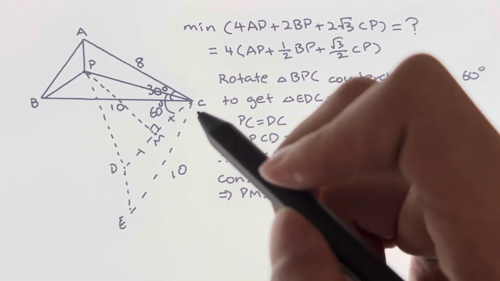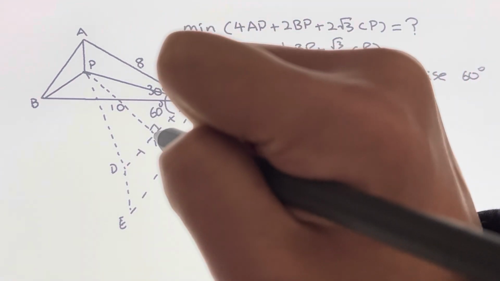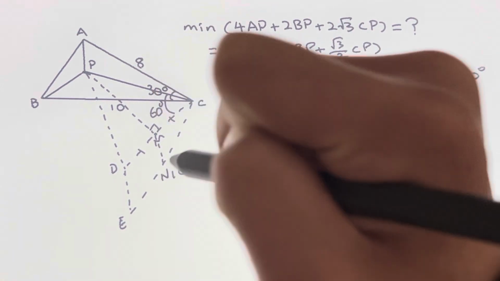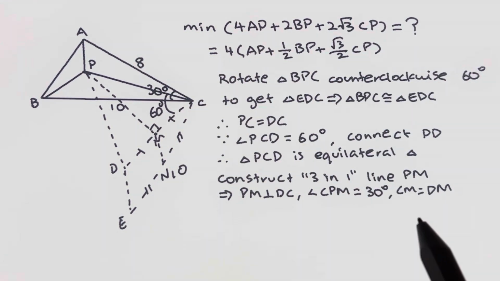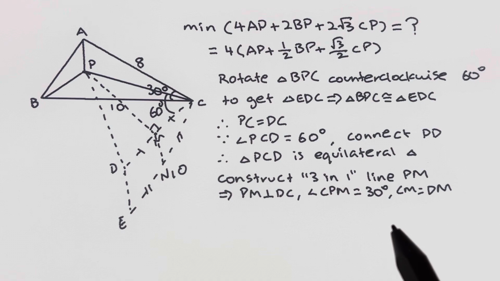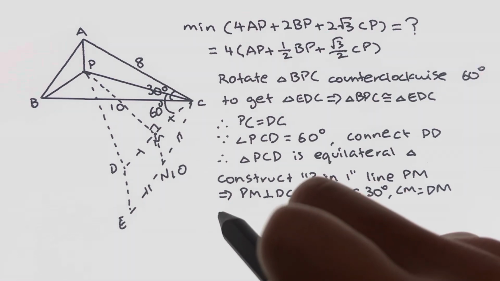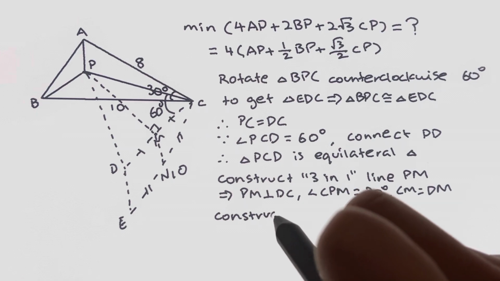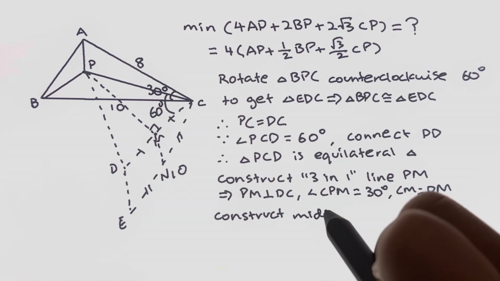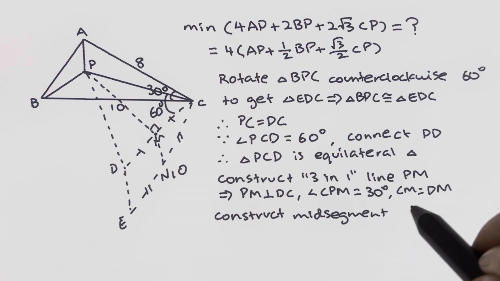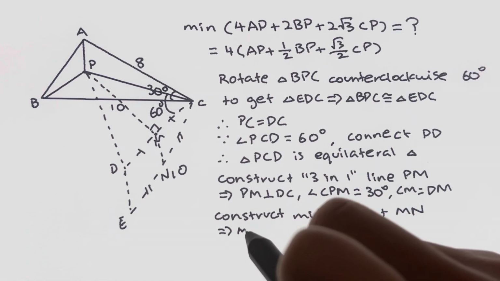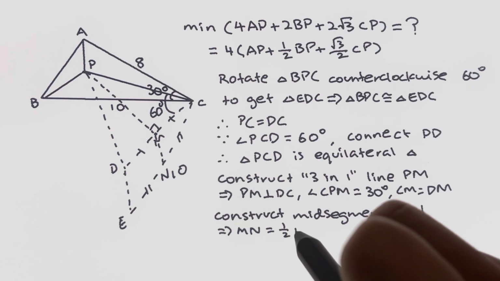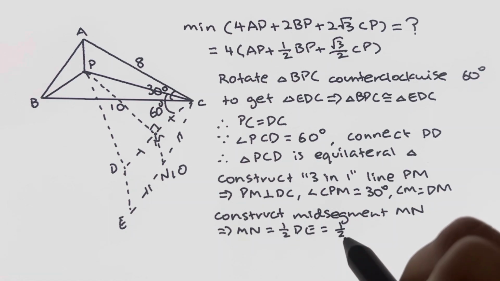So 1/2 DE will correspond to the mid-segment of it. And the mid-segment can be constructed. We can call this point N, so EN will equal CN. MN will be the mid-segment because we know that M is the midpoint of CD. So we just construct the mid-segment MN. So we will have MN equals 1/2 DE equals 1/2 BP.